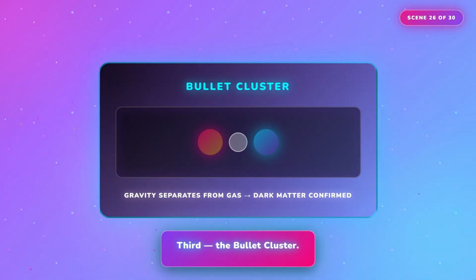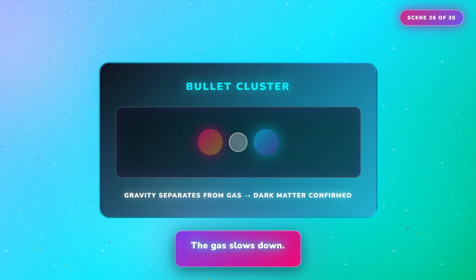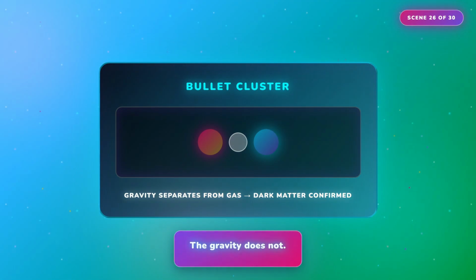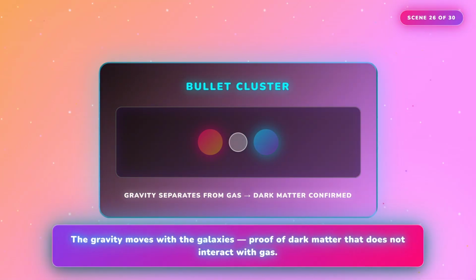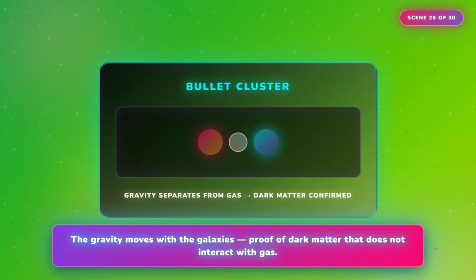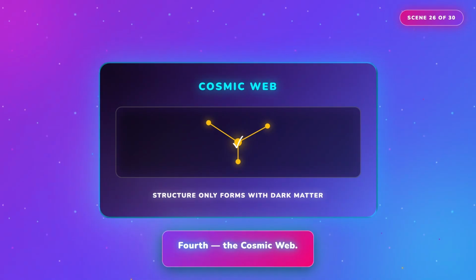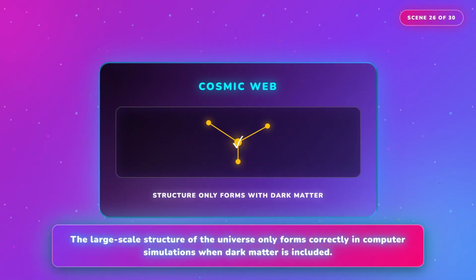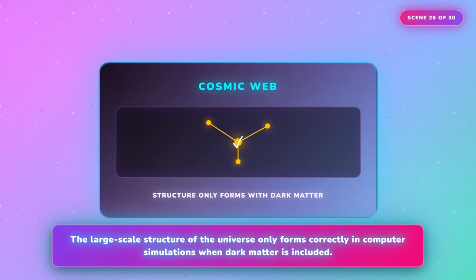Third, the bullet cluster. Two galaxy clusters collide. The gas slows down. The gravity does not. The gravity moves with the galaxies, proof of dark matter that does not interact with gas. Fourth, the cosmic web. The large-scale structure of the universe only forms correctly in computer simulations when dark matter is included.